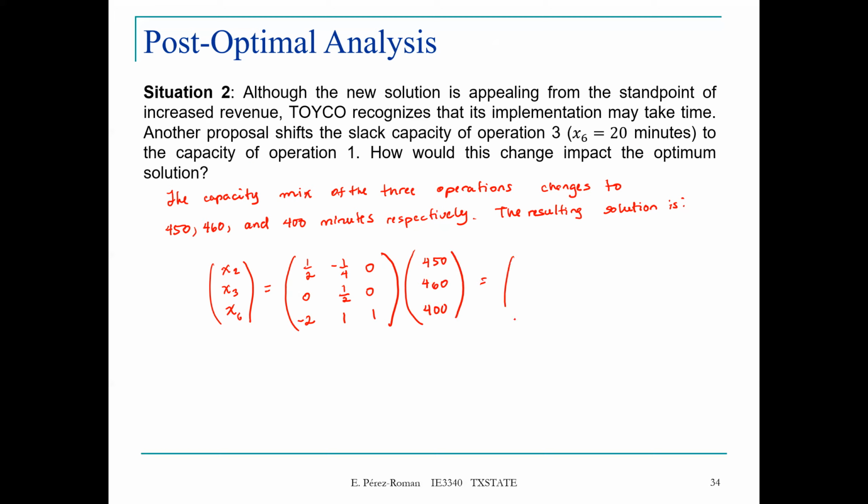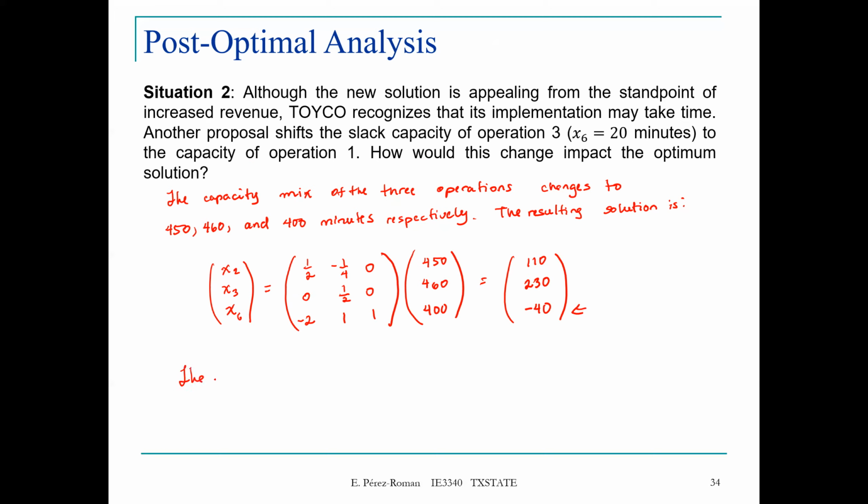This multiplication will give us the following: 110, 230, and minus 40. So we have a negative value here, which means that this resulting solution is infeasible.